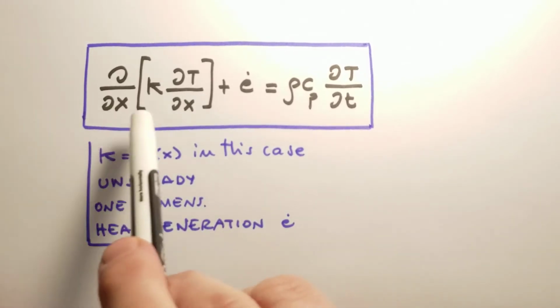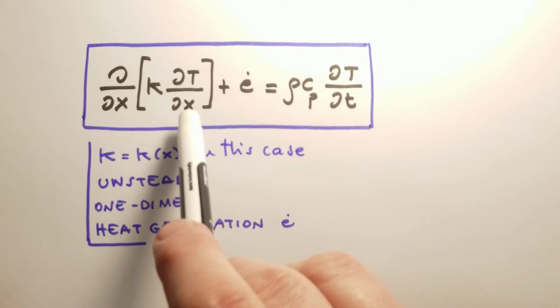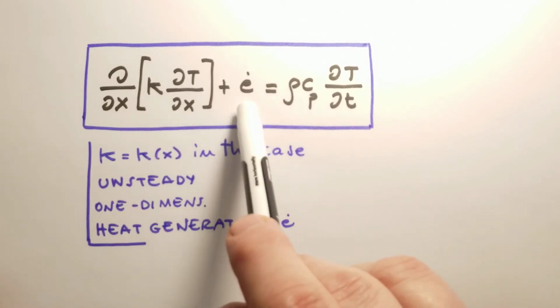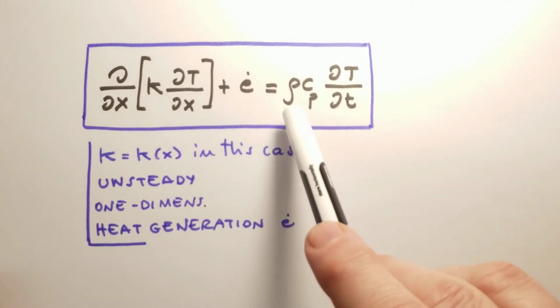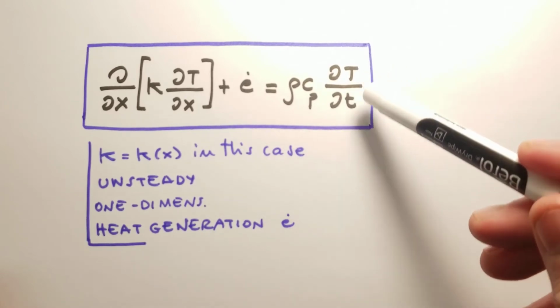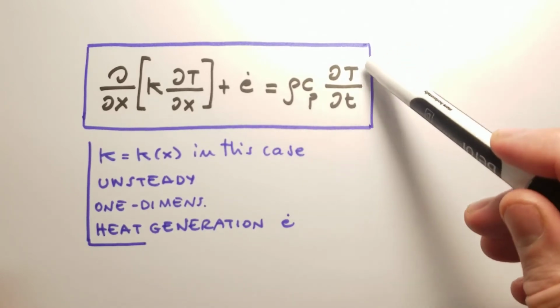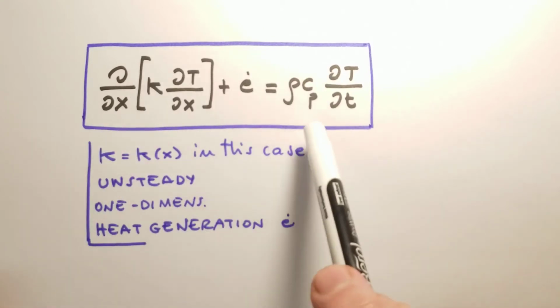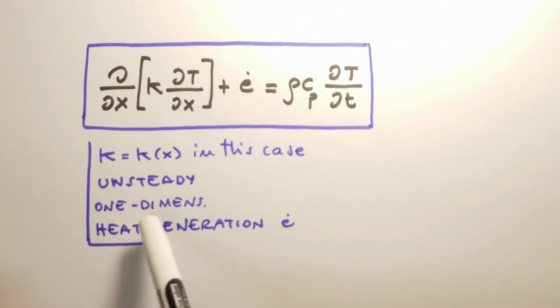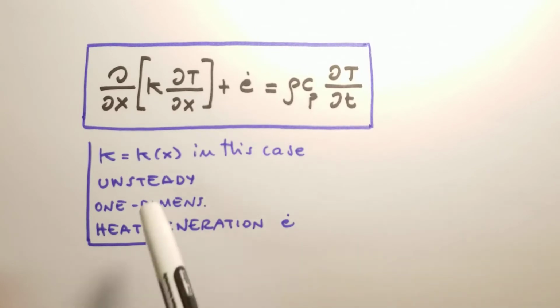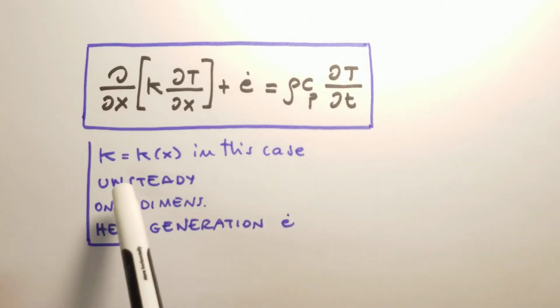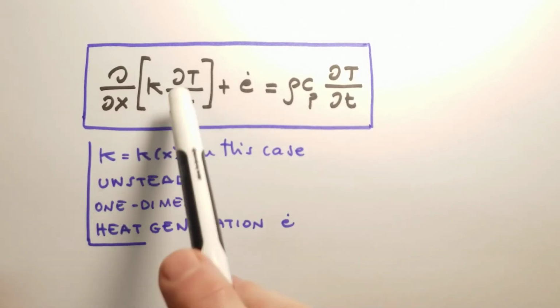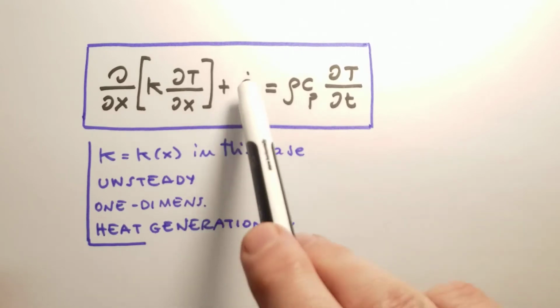So partial x of k of partial T partial x plus heat generation, it's equal to rho Cp partial T partial t, where big T is the temperature and small t is time. So this equation is valid in one-dimensional case. In the unsteady case, k can vary in space in general, and we also have heat generation.